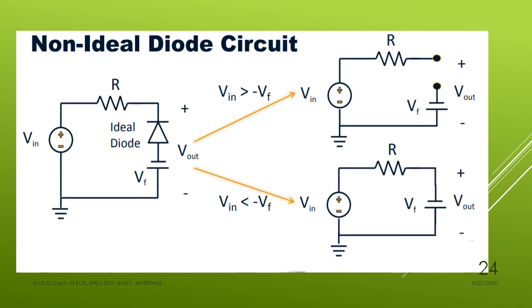If Vin is less than minus 2 volts, like minus 2.1, minus 2.2, minus 3, minus 4, minus 5, and then again back through minus 3, minus 2, minus 1 and 0 in the negative half cycle. So whenever Vin is less than minus 2 volts, the diode becomes forward biased.